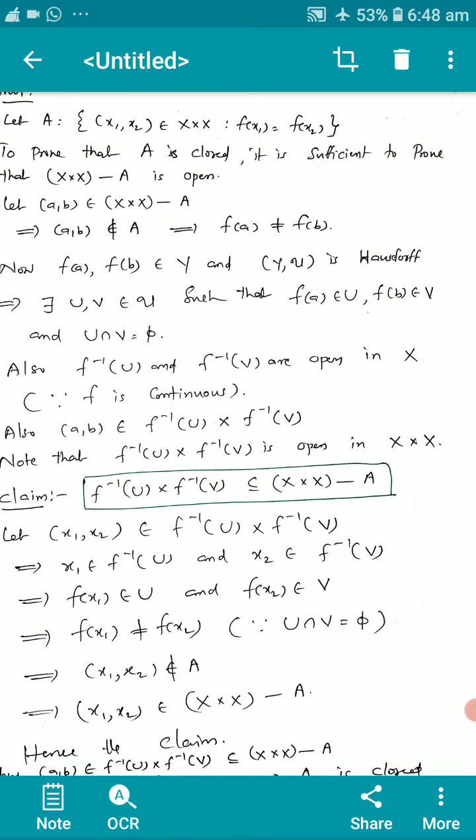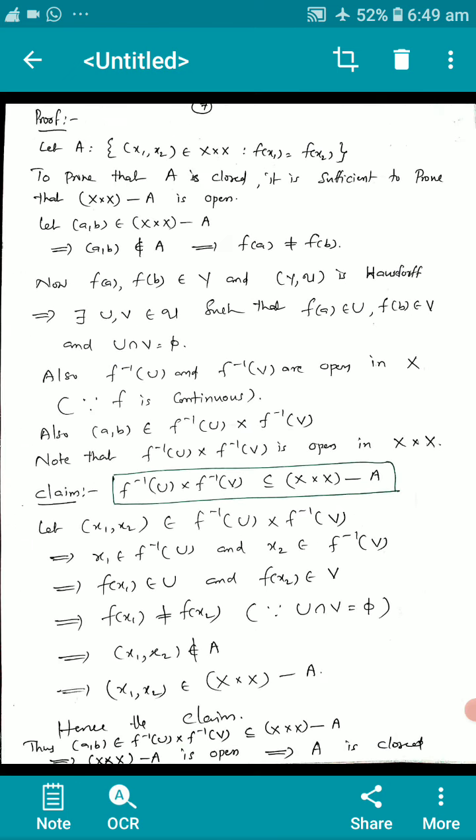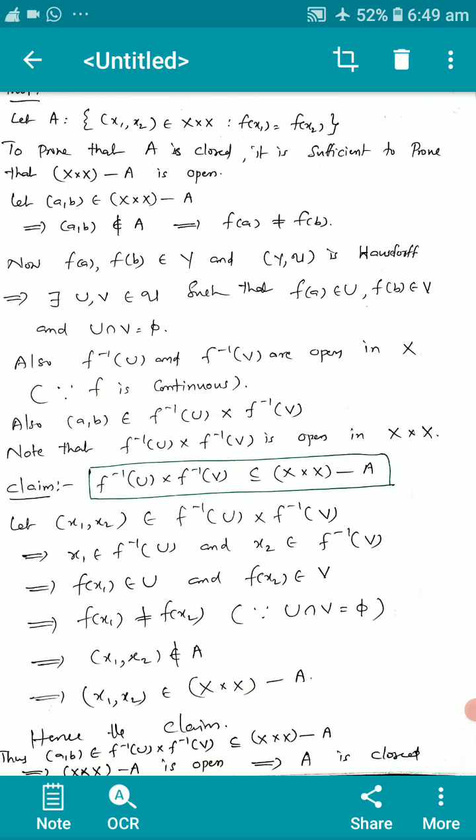Because f is continuous. And we have the element (a, b) in f inverse of U cross f inverse of V. Note that f inverse of U cross f inverse of V is open in X cross X.